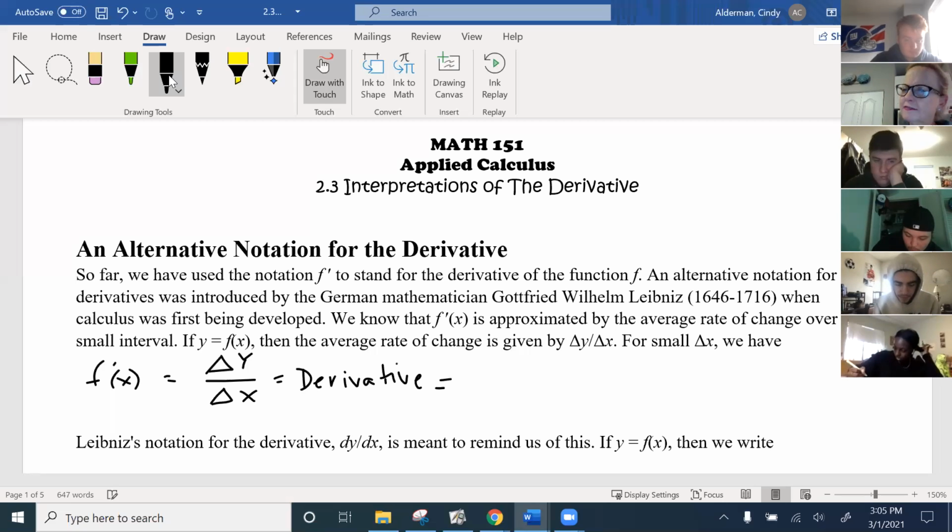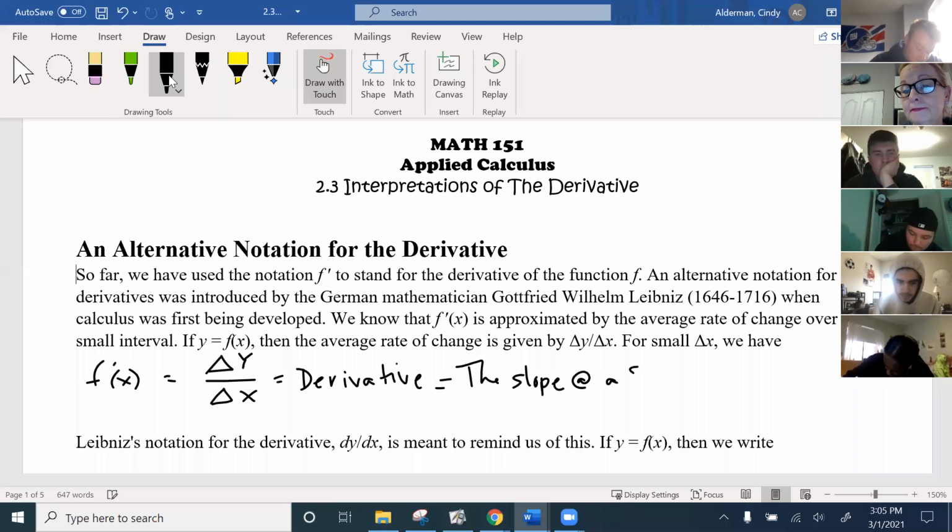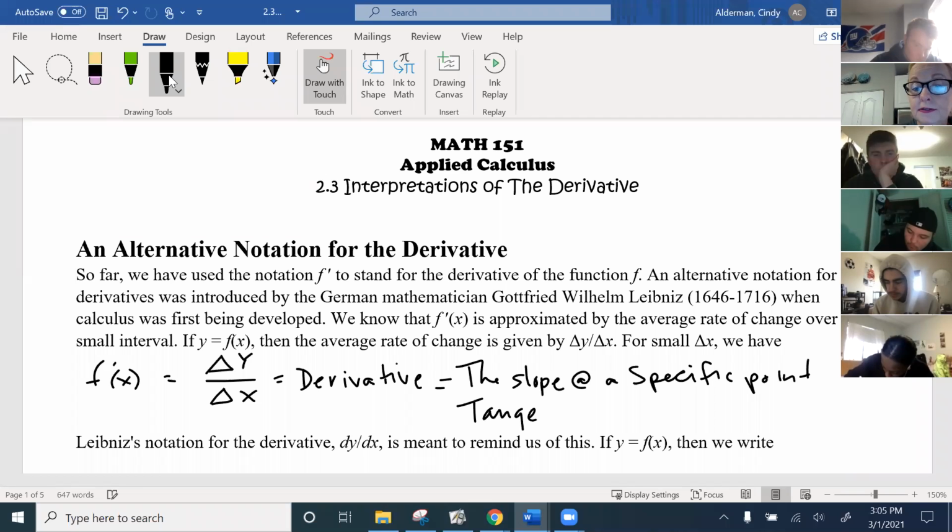And just so we have it in words, this is the slope at a specific point that is tangent to the curve. When I say curve, I mean whatever the graph of the actual function is.